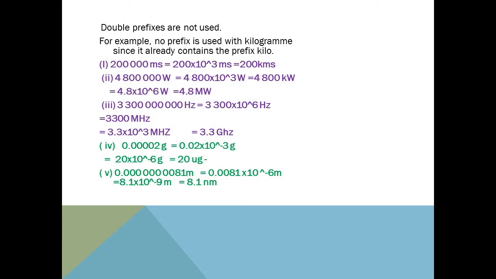And similarly, in another example, we have 8 zeros before 8.1. So when the point is shifted 9 digits to the right side, then it would be equal to 8.1 into 10 raised to power minus 9 meter, or 8.1 nanometer.